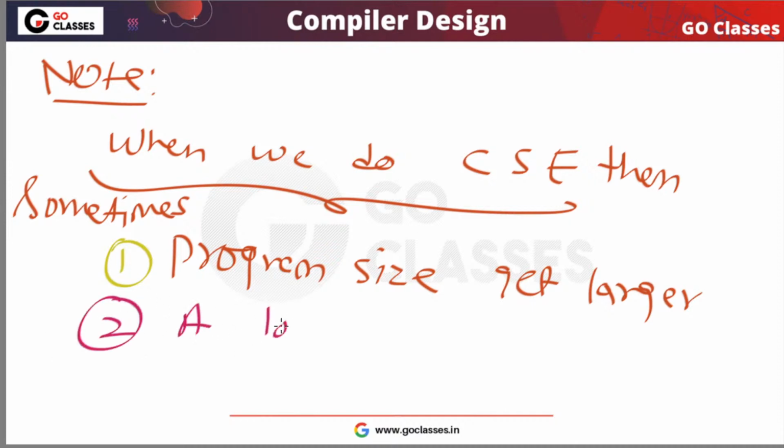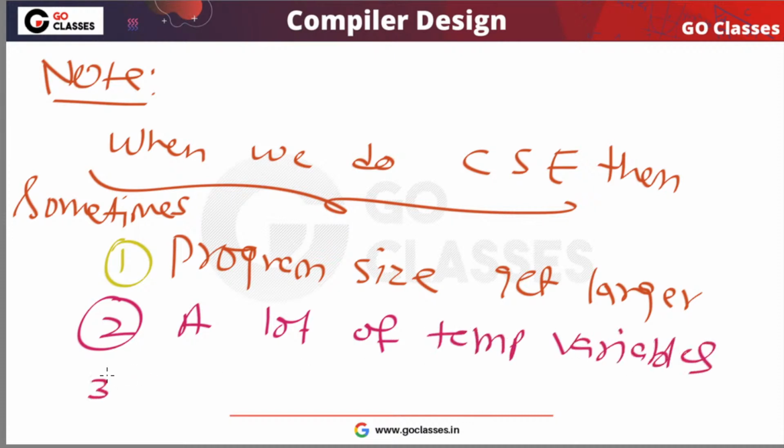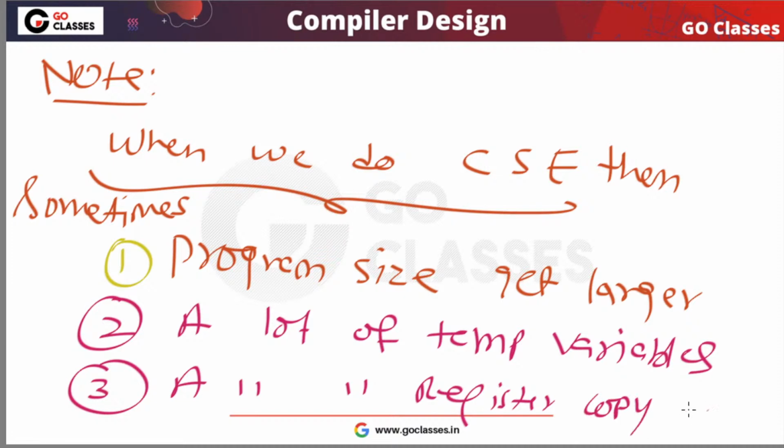Second, a lot of temporary variables will be there. Third point, a lot of register copy instructions. So all these things we don't want actually, so that is the reason we should take care.